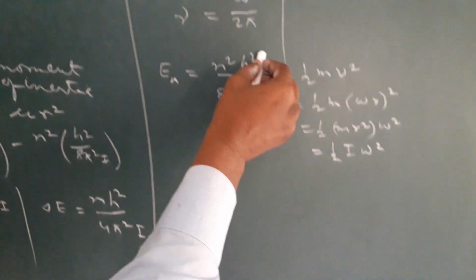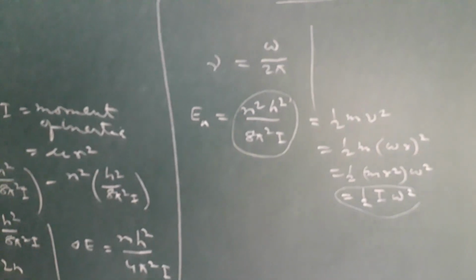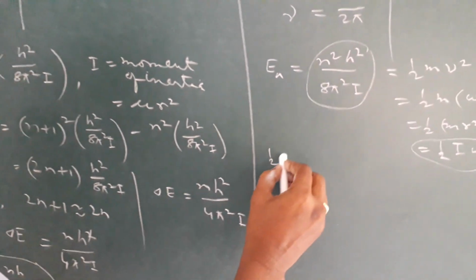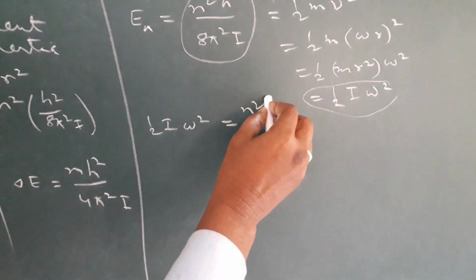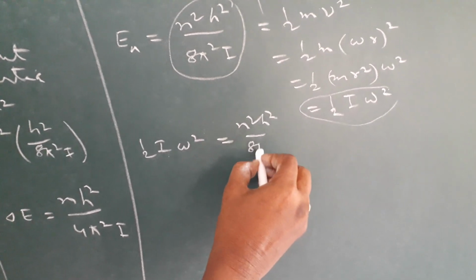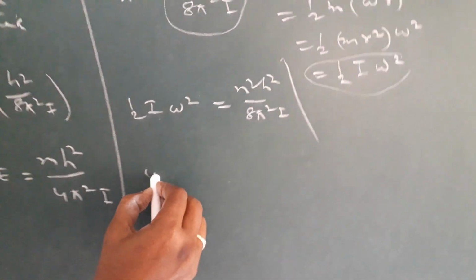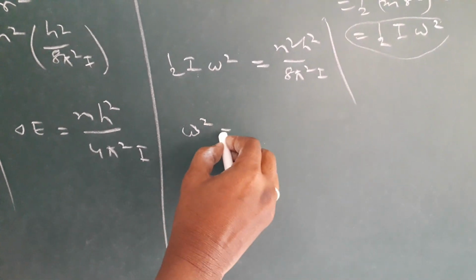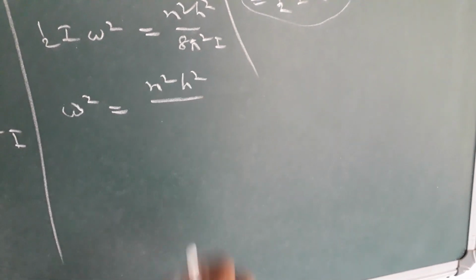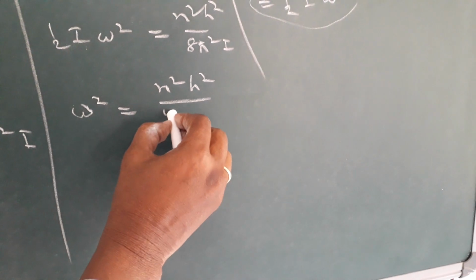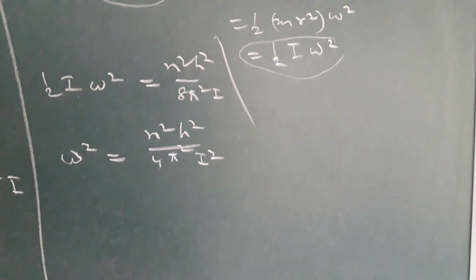So we can equate this one and this one. We shall get this value of omega, the angular velocity. Half I omega square equals n square h square divided by 8 pi square I. So omega square equals n square h square divided by 4 pi square I square.